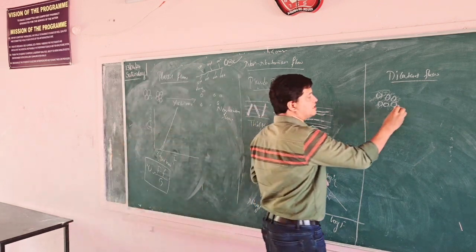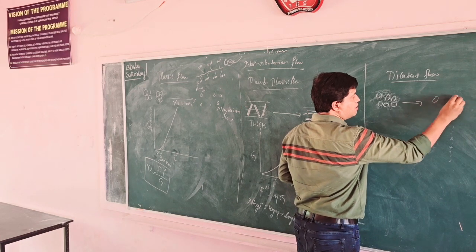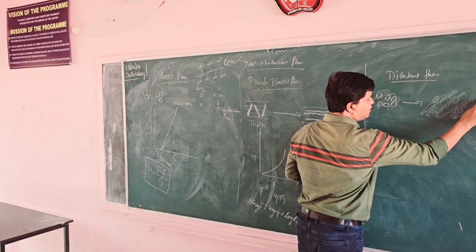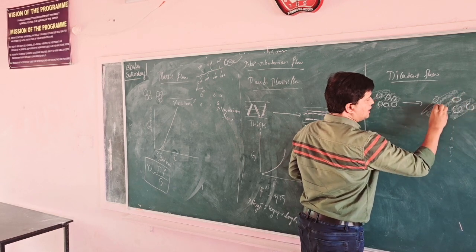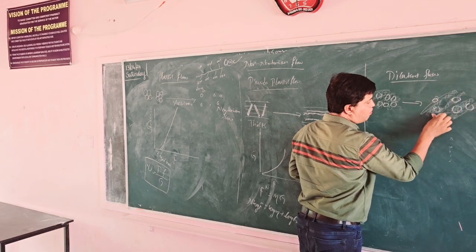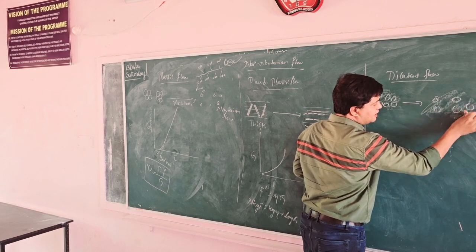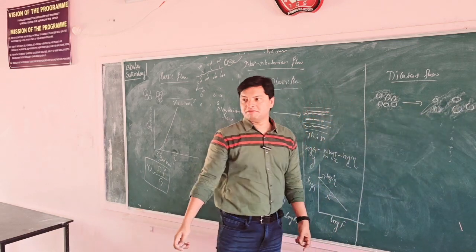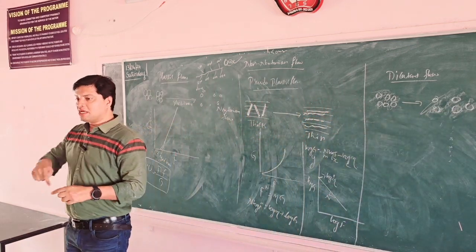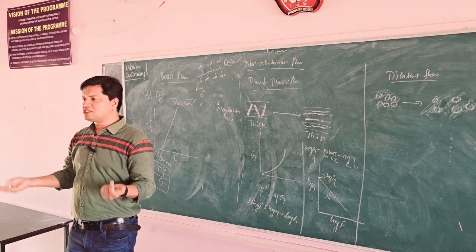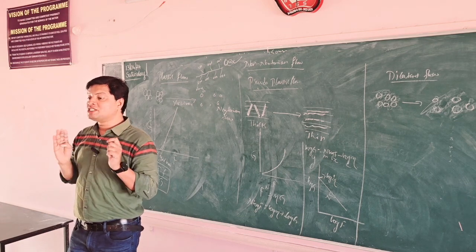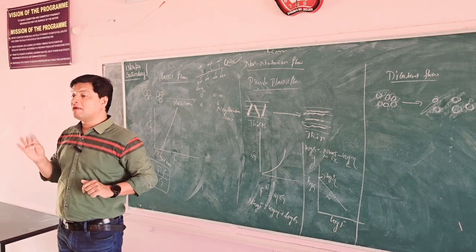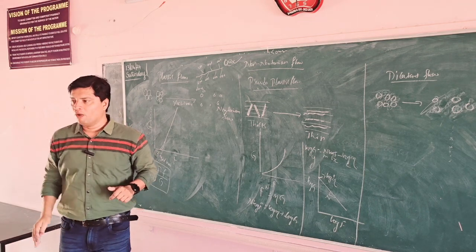Due to this, there will be creation of voids wherever I am rubbing. That is your voids. We call it void space. Means nothing. Because you are applying force, there is no place to go. There will be void space created. It has nothing there. This void will cause resistance to flow.